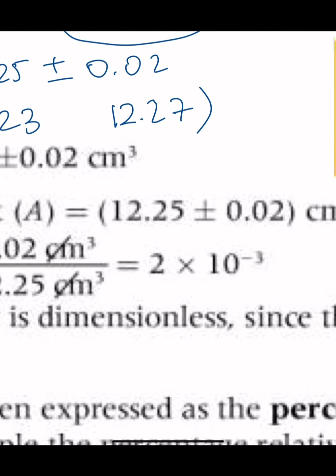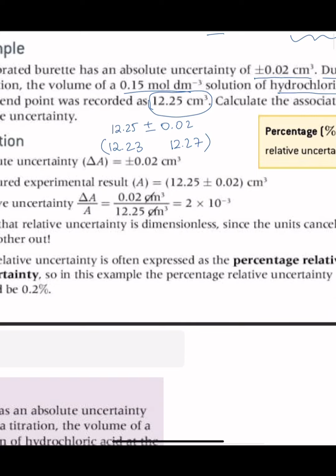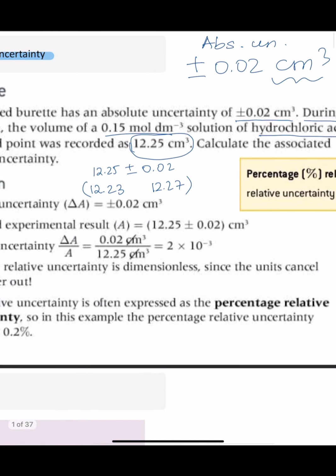But what if I give you the range? Let's say I tell you that I have a range of 12.20 and 12.30 cm³. This is my range, right? How can we find the absolute uncertainty?